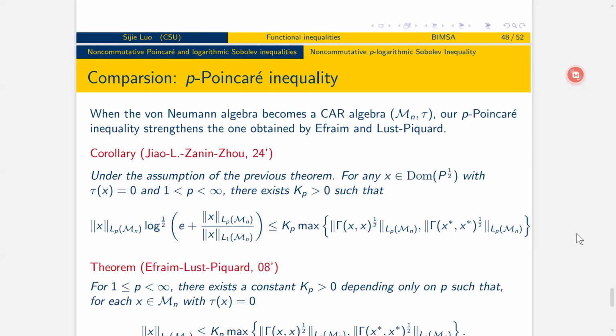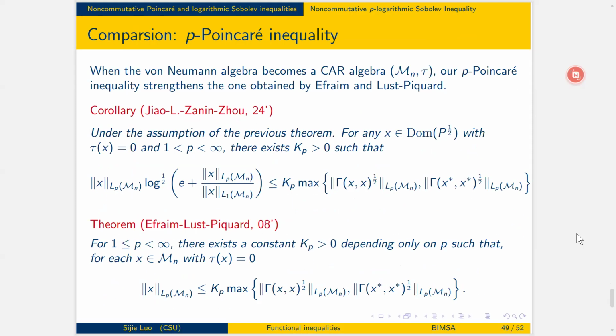Also, as a corollary of the p-log inequalities, we can also get the Talagrand isoperimetric inequalities. It's also stronger than the Poincare inequality. This guy is the gradient corresponding to the p-gradient, but this one is strictly bigger than 1.